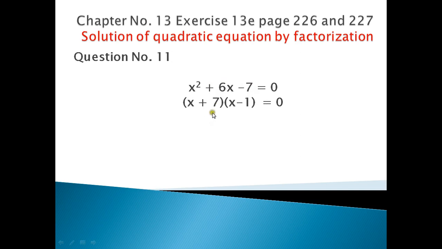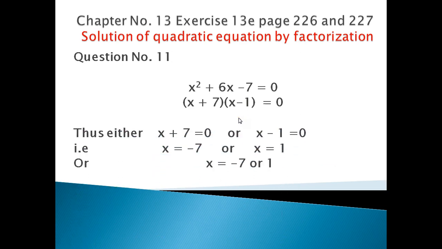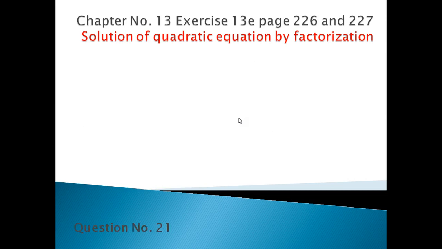So one bracket x plus 7 and the other x minus 1. The answer will be x equals minus 7 and x equals 1.